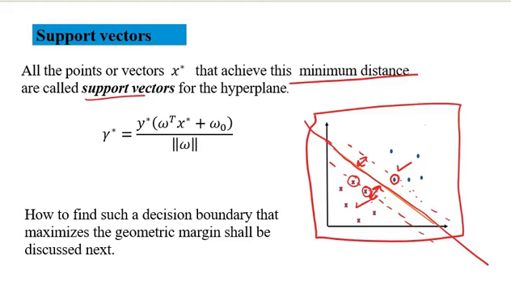These are the important data samples, the support vectors. Okay, now how we would actually find this decision boundary, or how we would state the optimization problem to find such a decision boundary, we'll very shortly see.